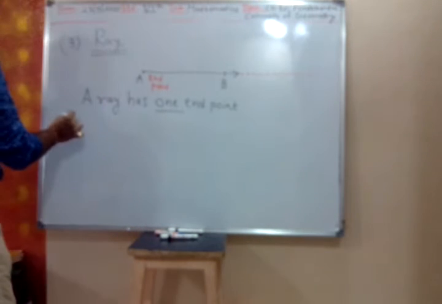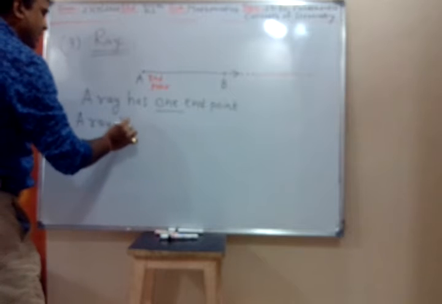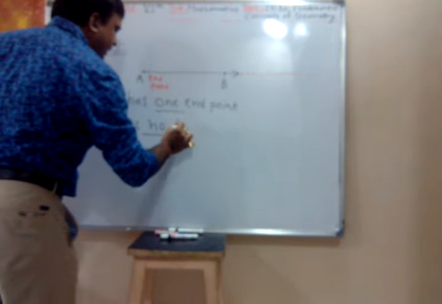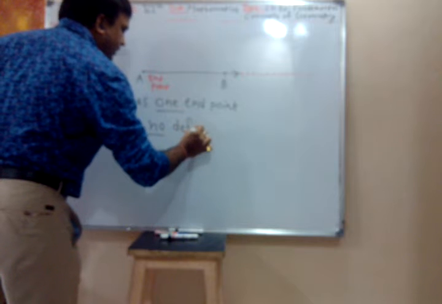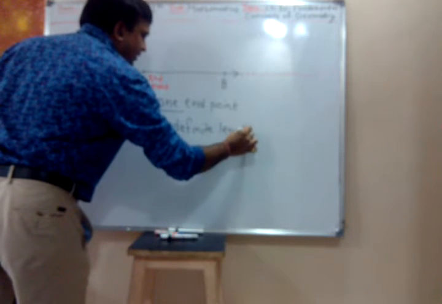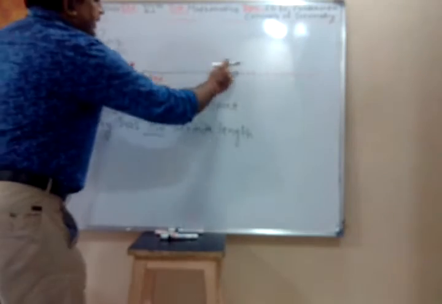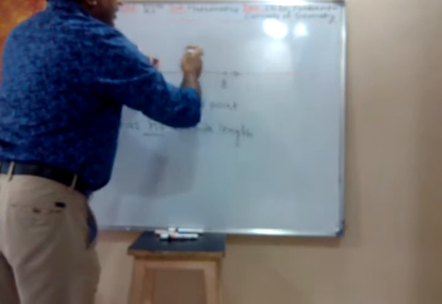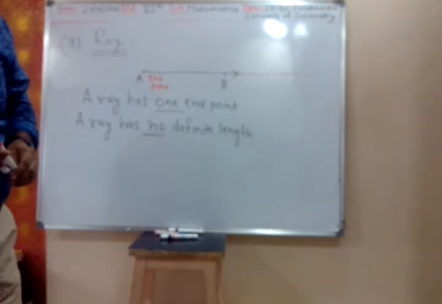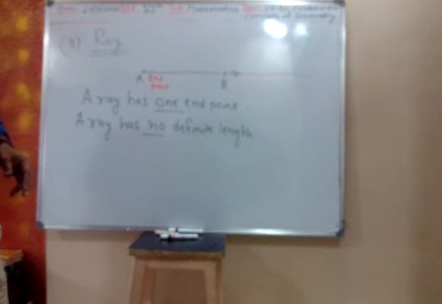So we write, a ray has no definite length, because A is fixed but B can be extended. So I cannot fix the length.